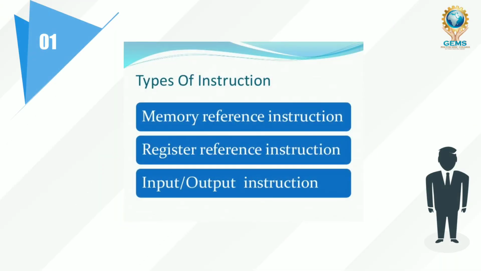So till now I explained why we are using instructions, what the instruction format is, and I also explained in my previous video lecture what the 3 address, 2 address, 1 address, and 0 address instructions are, and how instructions help the computer perform arithmetical, logical, and data control operations.